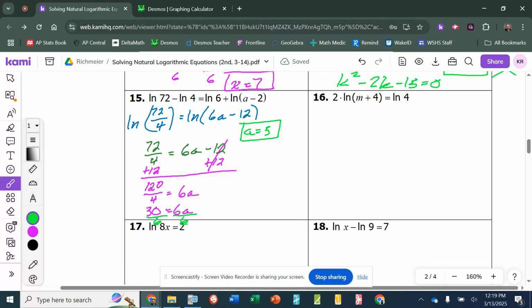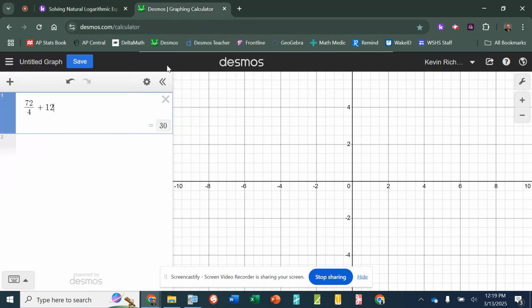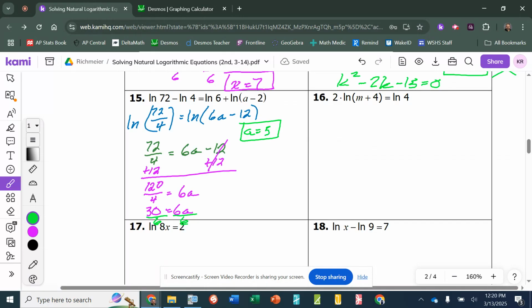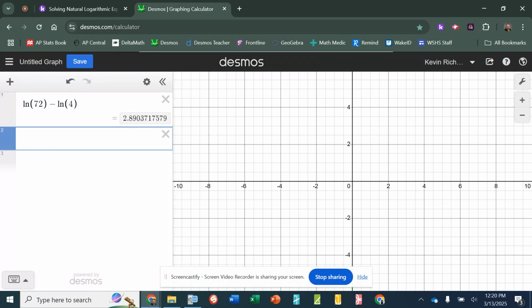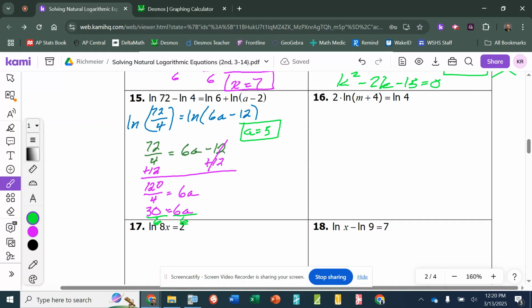Or, like we had been doing with Desmos, we can do that as well. I could come back here to Desmos, and for a natural logarithm, you could just type in ln. So we've got ln of 72 minus the natural log of 4, and I'll get a number for it. So there's my left-hand side. Now I'm going to put in my right-hand side.